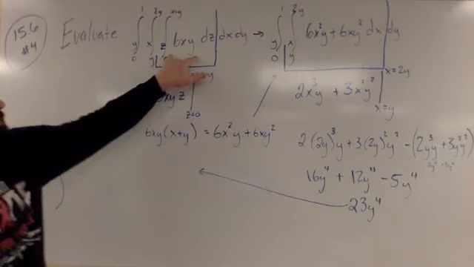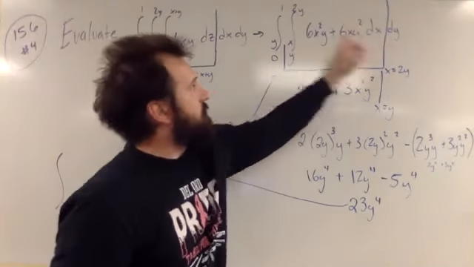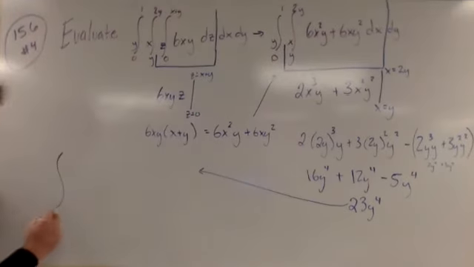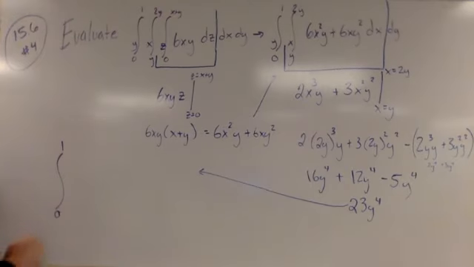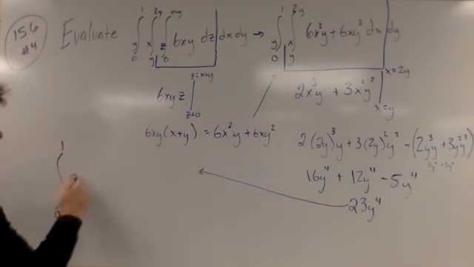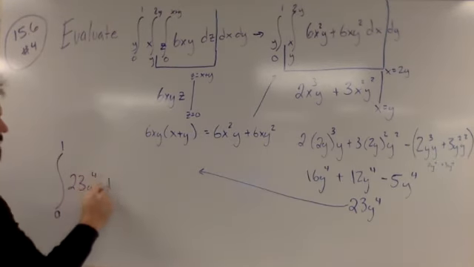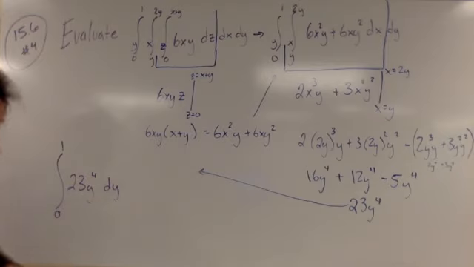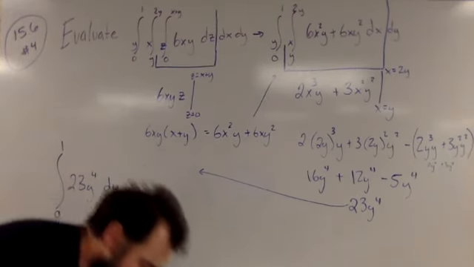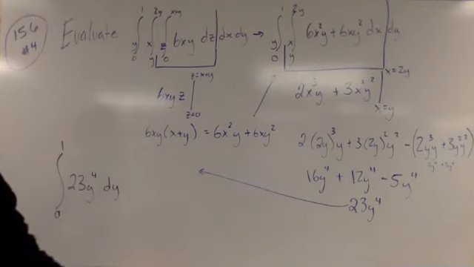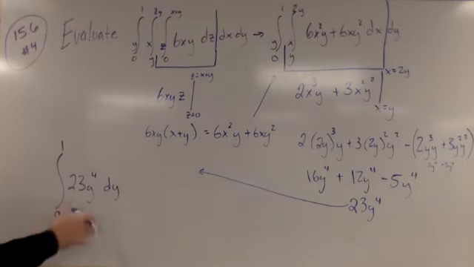So this was my dz, this was my dx. Now I'm going to have to do dy. So I'm going from 0 to 1, 23 y to the 4th dy. Now at this point, I have only one variable. I have just y's. So I can just do a regular single integral.